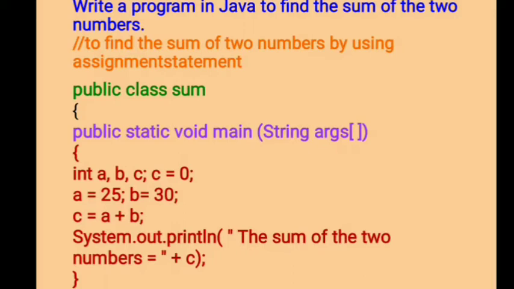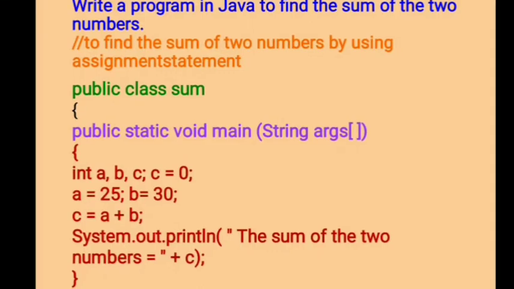Now, in this case, you are using assignment statement. So you have to assign the values. So here a equals to 25 and b equals to 30 and c equals to a plus b. So the output will be stored in the variable c, which is of integer type.